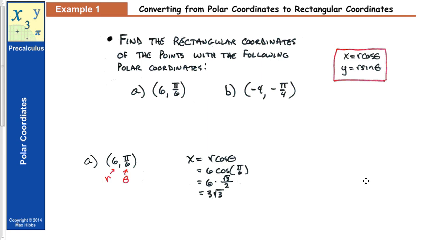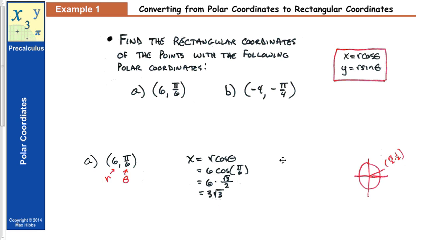Maybe we need to remember the pi over 6 angle's right here, and that has a first coordinate, the square root of 3 over 2, and a second coordinate of 1/2. I hope that you know that by now. So the cosine of pi over 6 is the square root of 3 over 2, and 6 times square root of 3 over 2 simplifies to just 3 times the square root of 3.